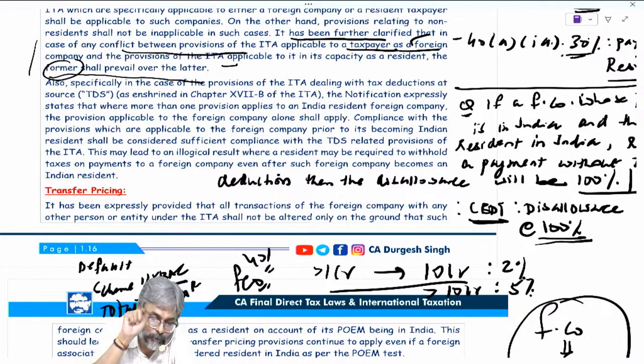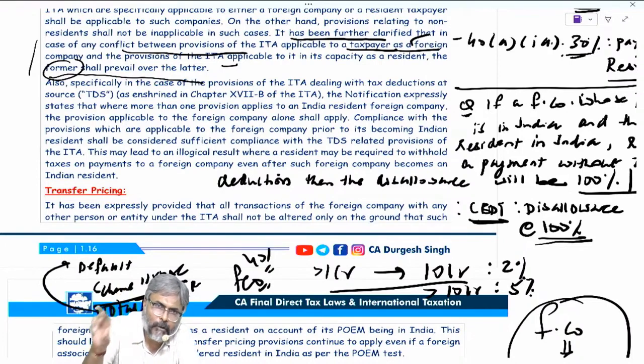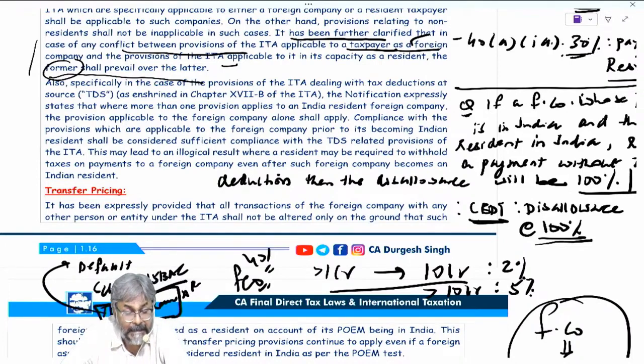As far as the total income is concerned, students, I told you that in the computation of total income, in every head of income, some deductions will not be available to you.